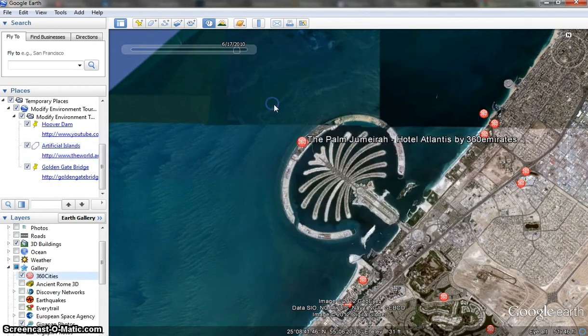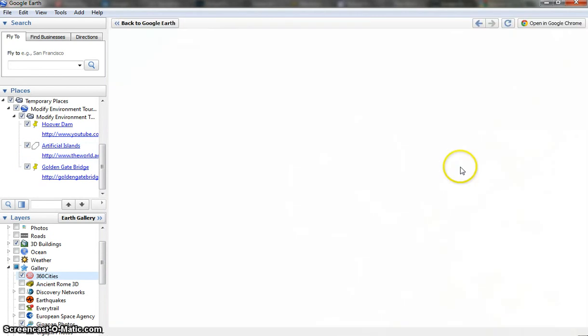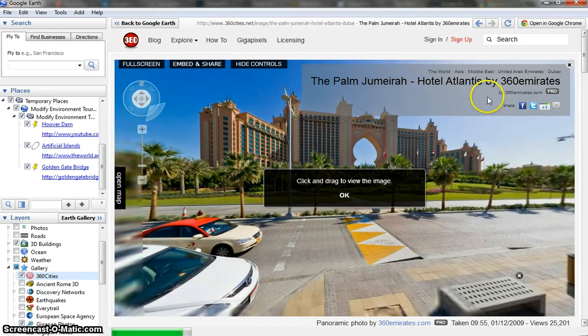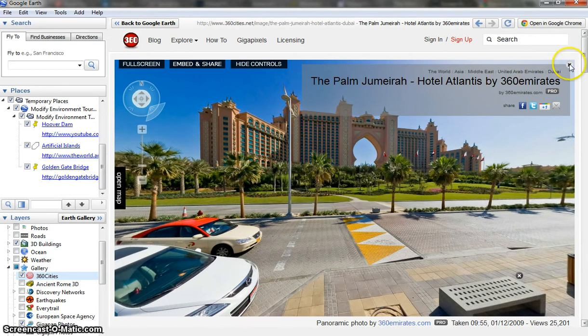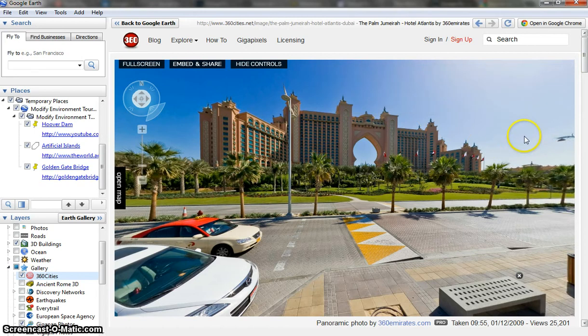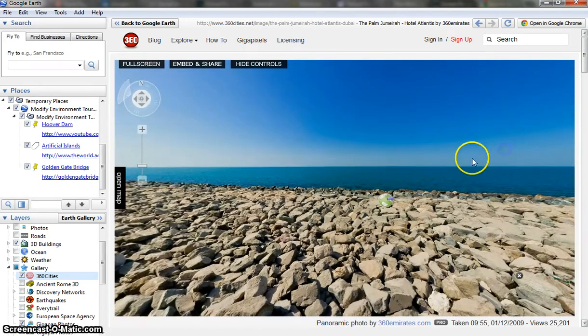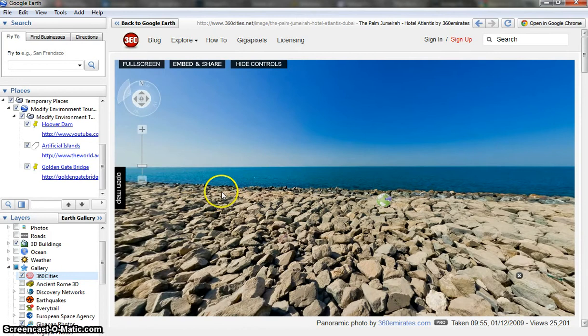And let's take a peek at this picture right here. Alright, now this gives away what I was about to ask you guys, but what does this look like? It's a hotel. And that tells us really the biggest purpose for why these islands were made, and that is tourism.